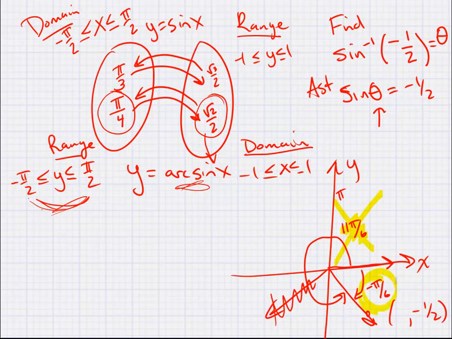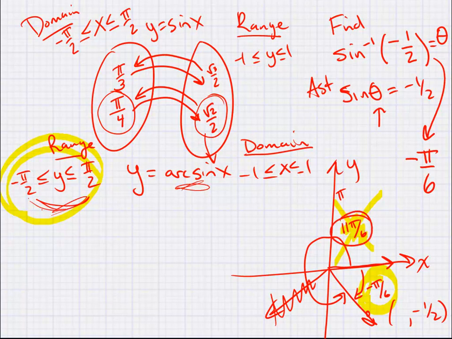However, this one, which is less than a quarter turn in the clockwise direction, fits my criteria of being between minus pi halves and positive pi halves. So the answer to this question, the inverse sine of negative 1/2, is going to be negative pi over 6. Even though 11 pi over 6 will get me to that same location, and the sine of 11 pi over 6 is negative 1/2, minus pi over 6 is the only answer I can give because that's the only one that's between negative pi over 2 and positive pi over 2.